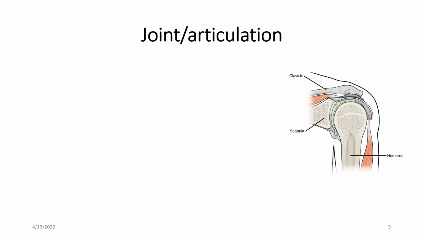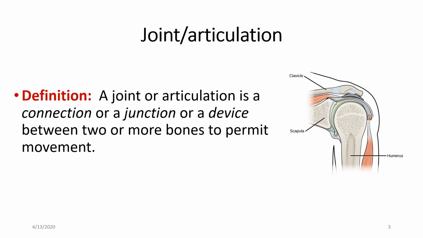We are seeing a picture showing the two bones and their articulation. So let us define joint. A joint or articulation is a connection or a junction or a device between two or more bones to permit movement.